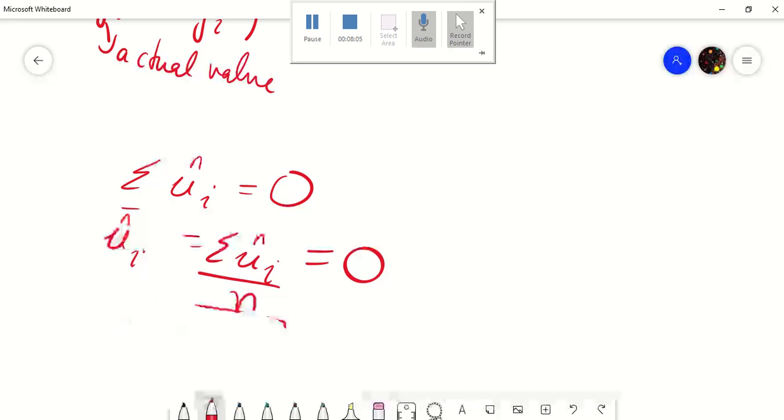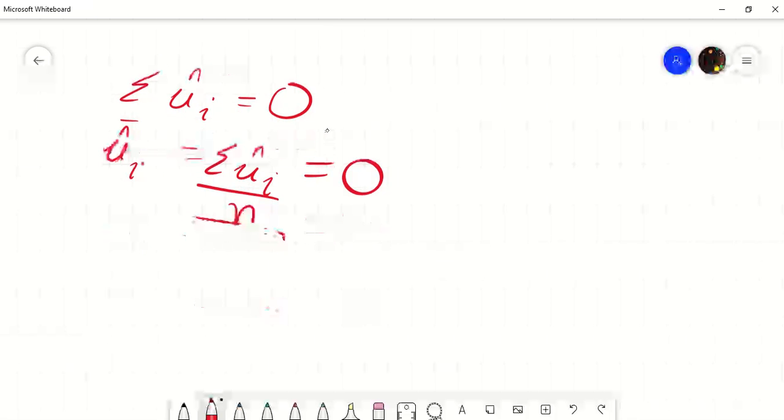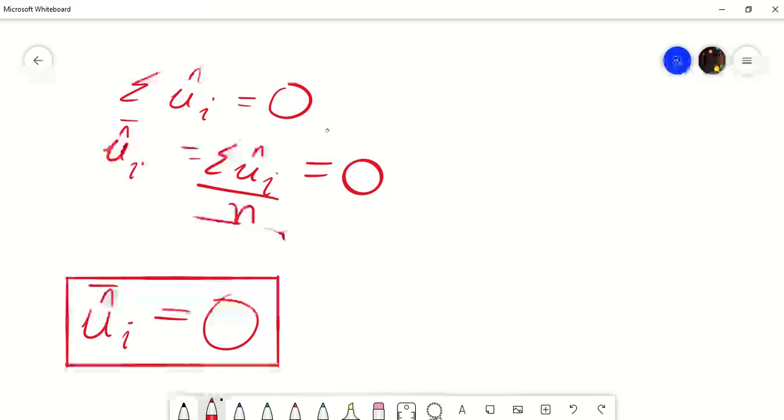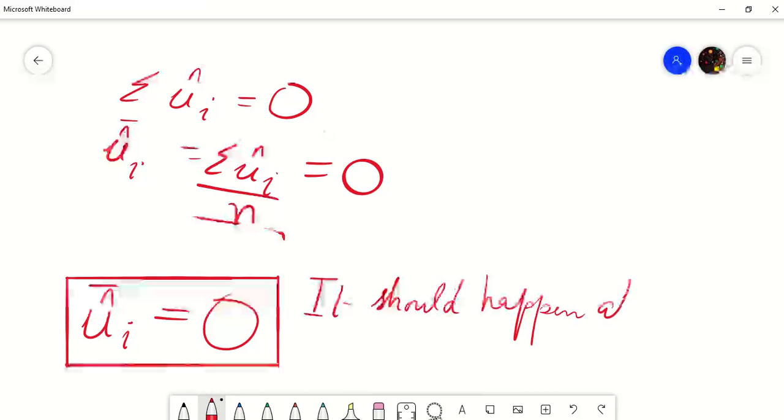So what we have proved is that mu i hat bar equals 0. It happens always.